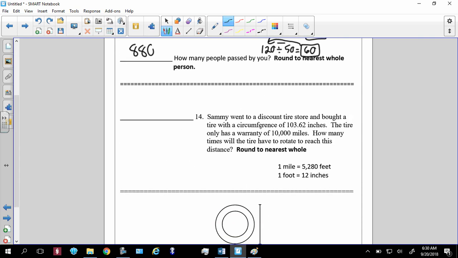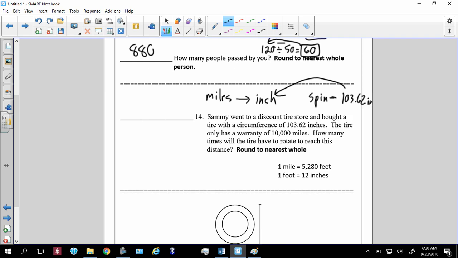All right, Sammy went to a discount store. People are still screwing up on this. We have got to take miles and convert it to inches. Now, the circumference, every time the tire spins, so a spin equals 103.62 inches. So we need to figure out how many 103.62 inches are in all the inches of the miles.